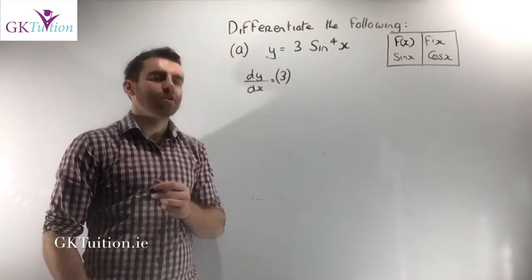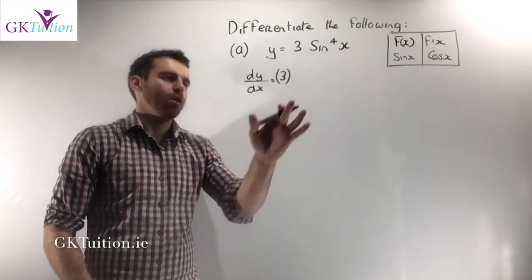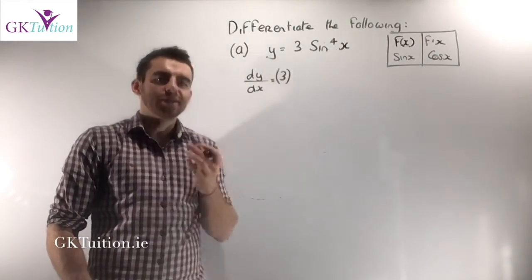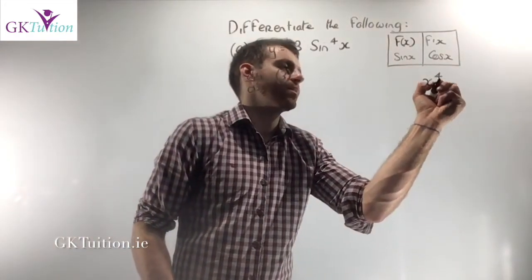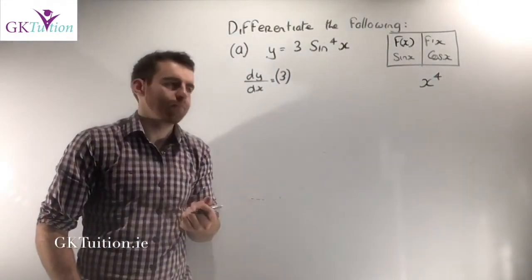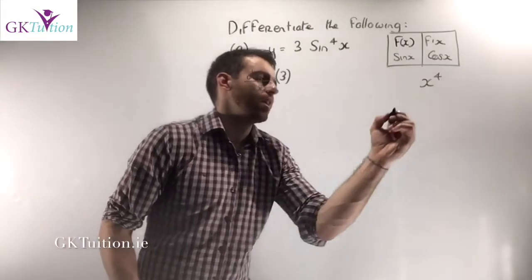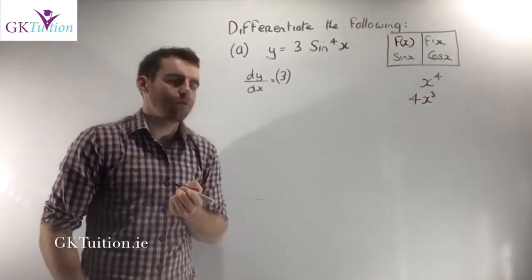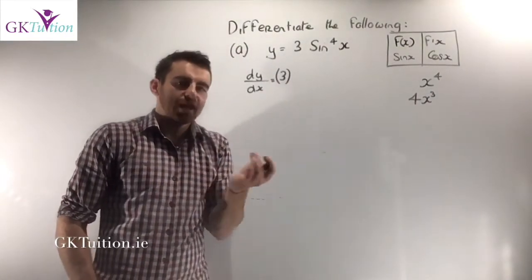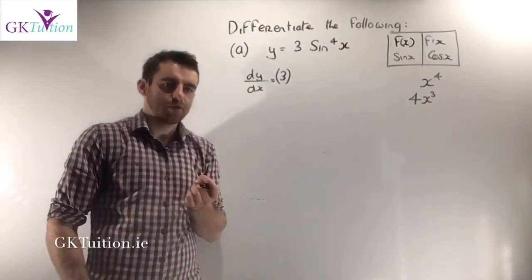The first thing that I want to deal with is solely the power. I first want to differentiate something to the power of 4. So I just think in my head, well, if I had x to the power of 4, how would I differentiate this? I would bring the power in front and I would decrease the power by 1. So I would end up with 4x to the power of 3.